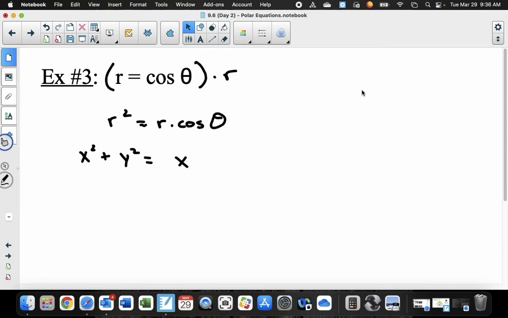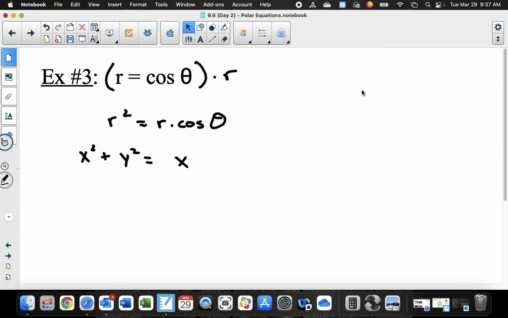And at this point, just as a heads up, when you check the answers, you could stop here. Perfectly fine. Matter of fact, I'm going to stop here. But when you check the answers, sometimes the answer key may take that x and subtract it over so that it equals 0. They might rearrange the equation a little bit. Just be aware of it. It's not something that you necessarily have to worry about.